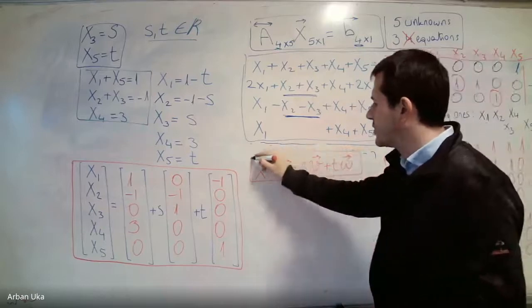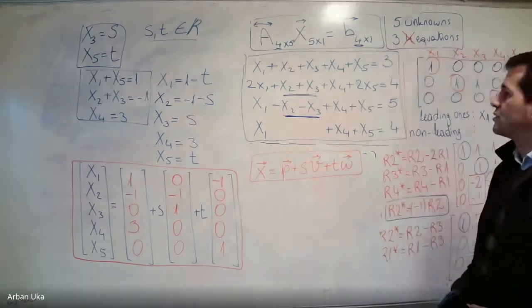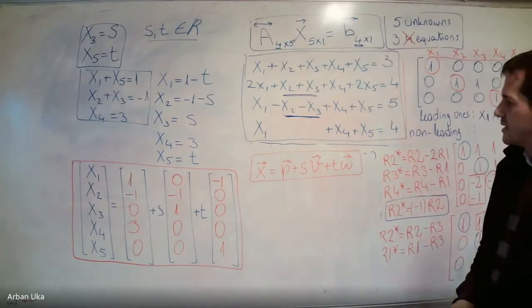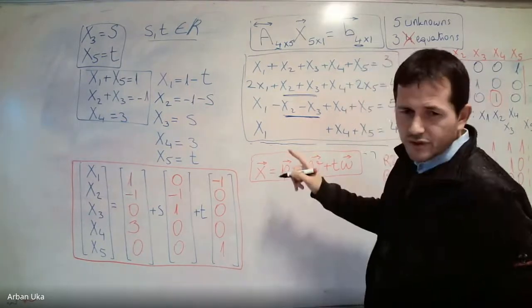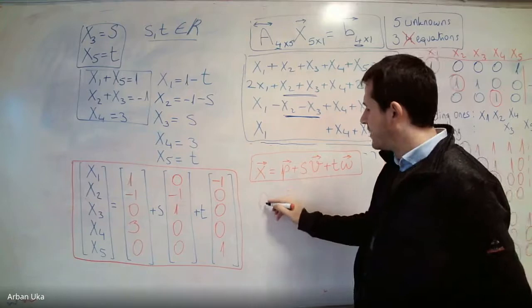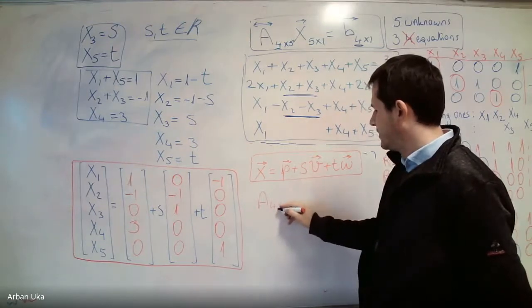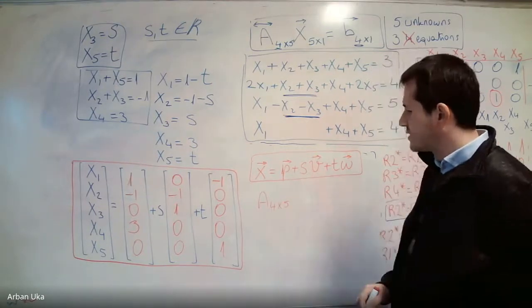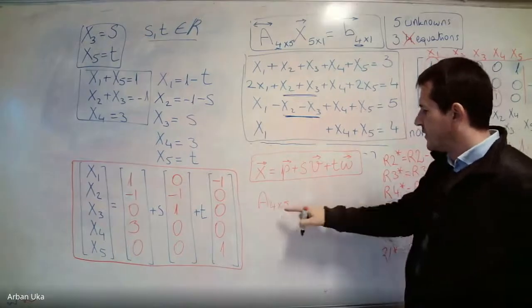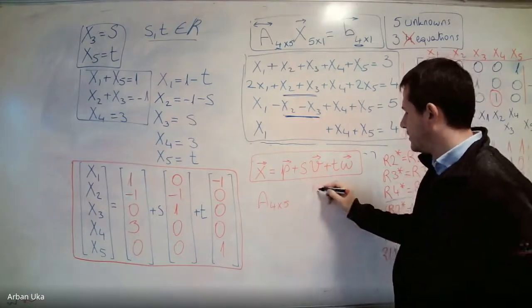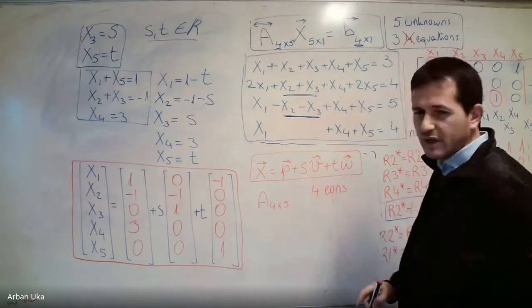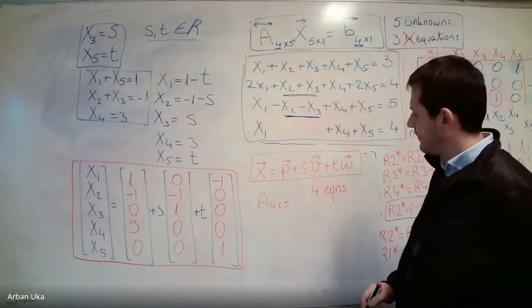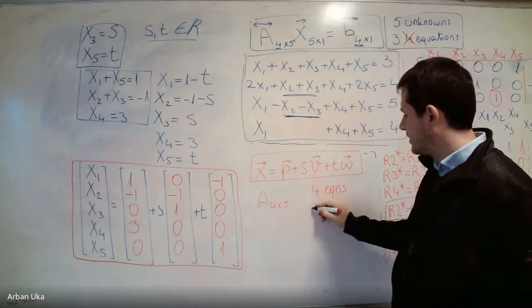You know what an equation of a plane looks like. And for the solution, let's notice for a moment, what was the coefficient matrix? It was A, 4 by 5, right? This means that we have 4 equations, right? How many unknowns did we have? 5 unknowns, right?